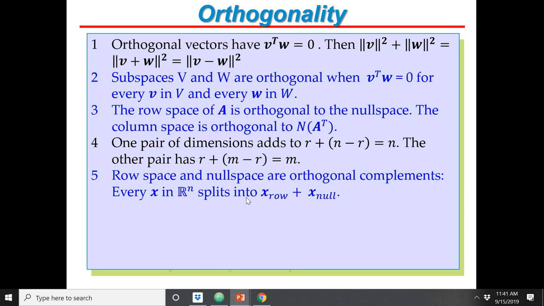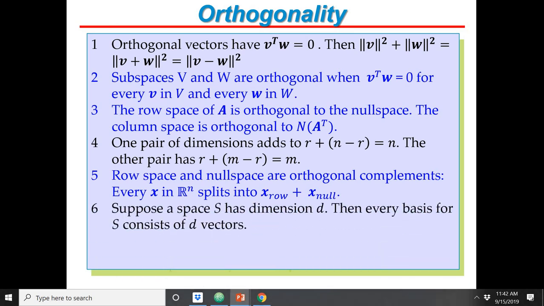This is in general. So if you take an arbitrary x in Rn, you can write it as a component that's in the row space and a component that is in the null space. That's what having these two spaces being orthogonal complements means, and we will elaborate as we move on in this lecture.